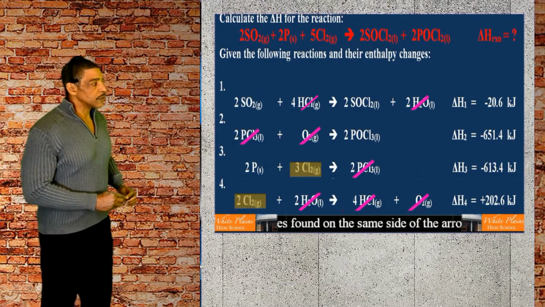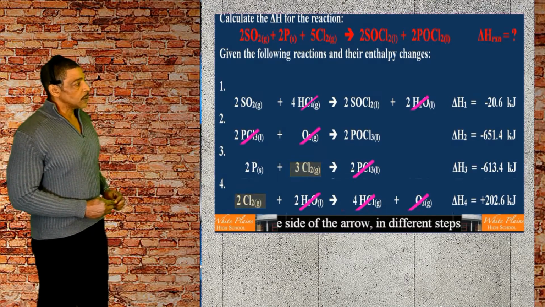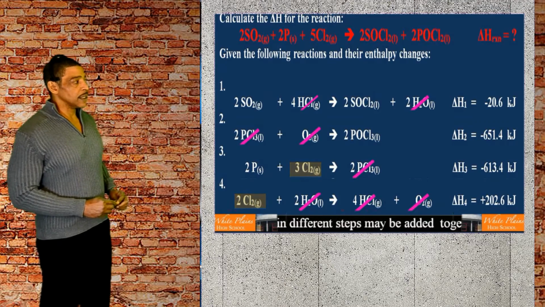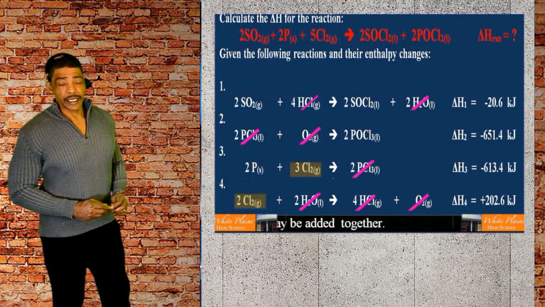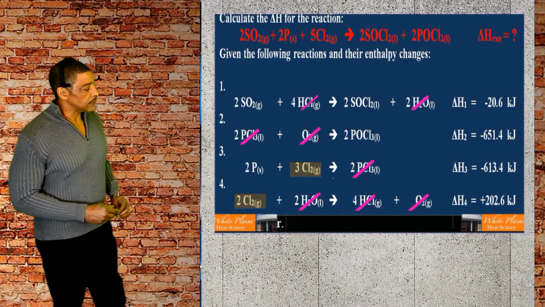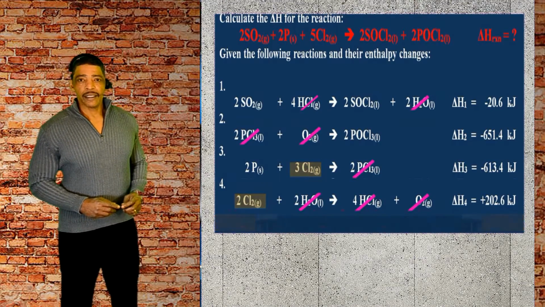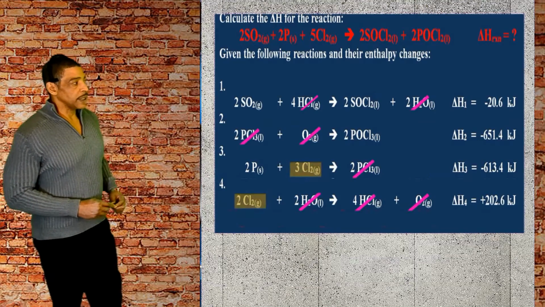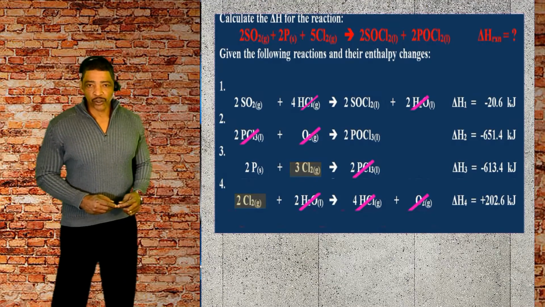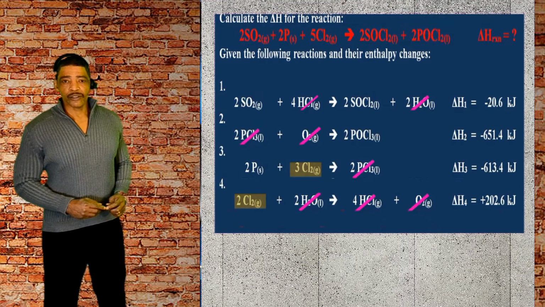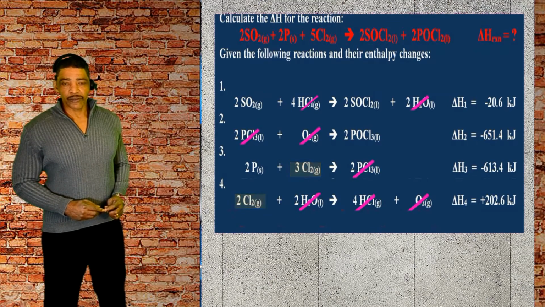Notice that 3 moles of chlorine gas appear on the reactant side of step 3 and 2 moles of chlorine gas appears on the reactant side of step 4. At this point, we add the 3 moles of chlorine gas to the 2 moles of chlorine gas for a total of 5 moles of chlorine gas.